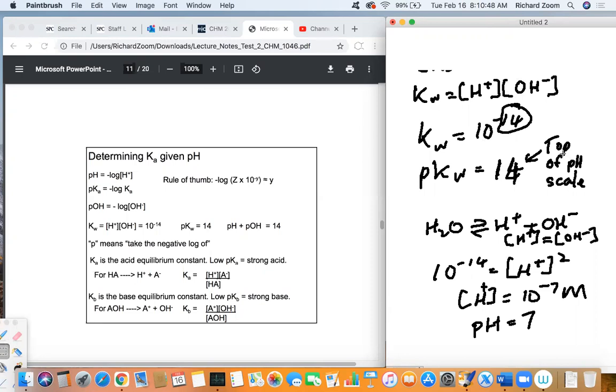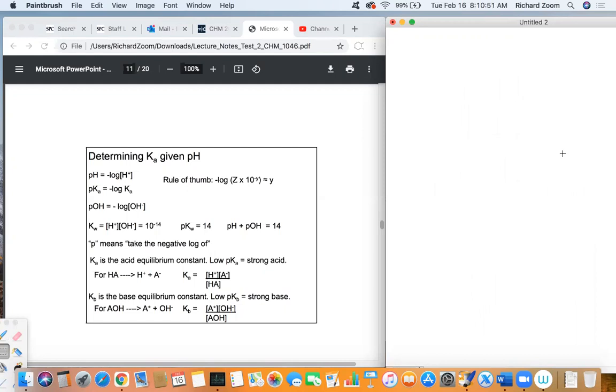Now the other thing we can do is talk about 2 other constants that now relate to specific situations. We've got Ka, which has to do with acid specifically, and acid involves H plus.